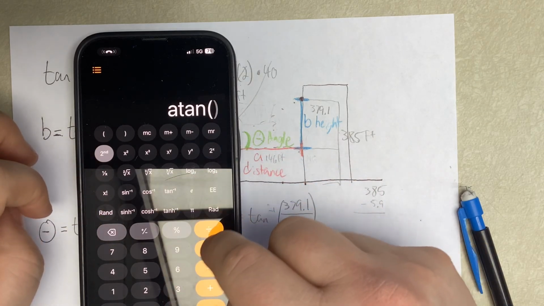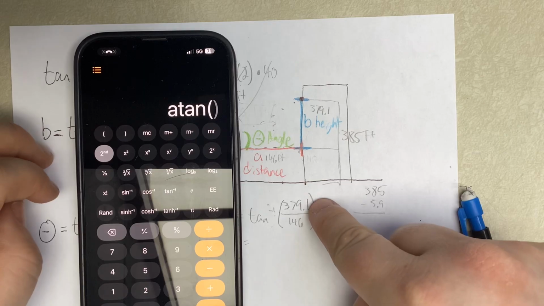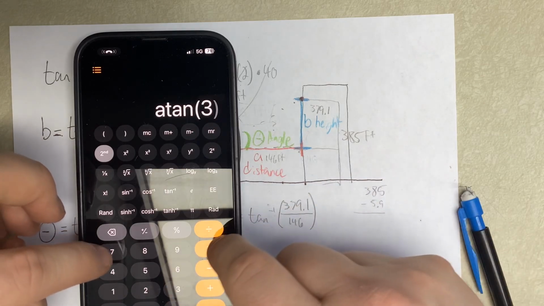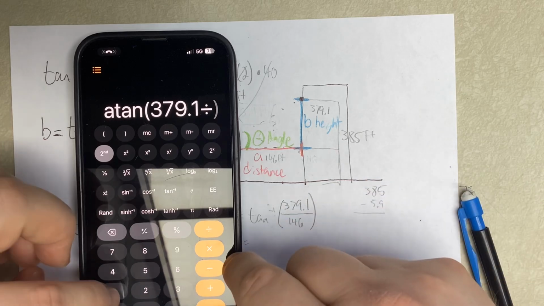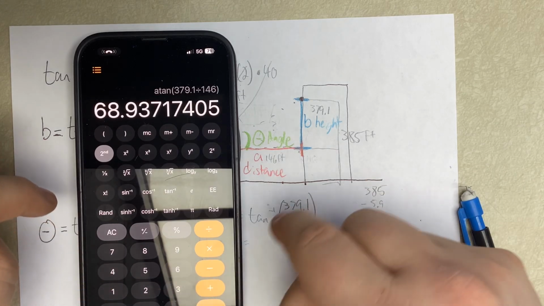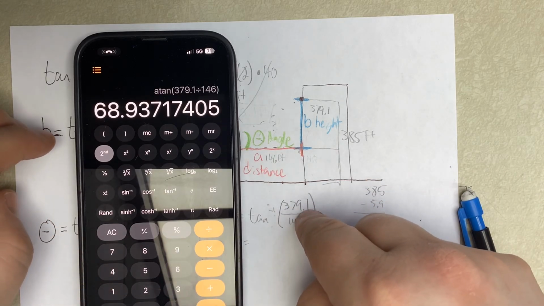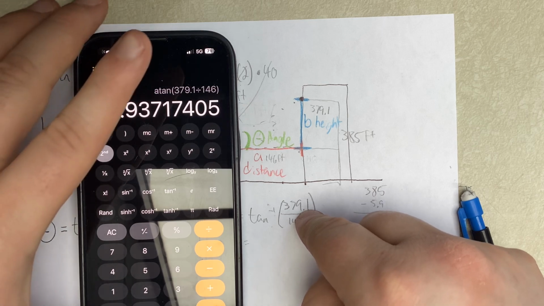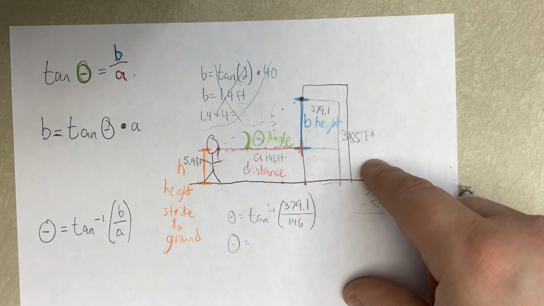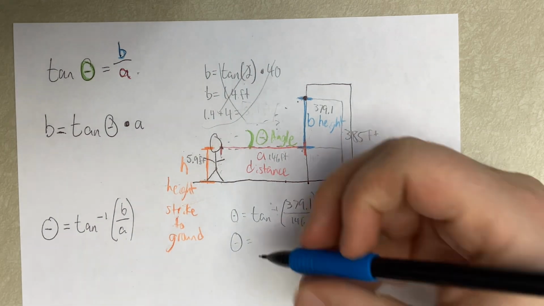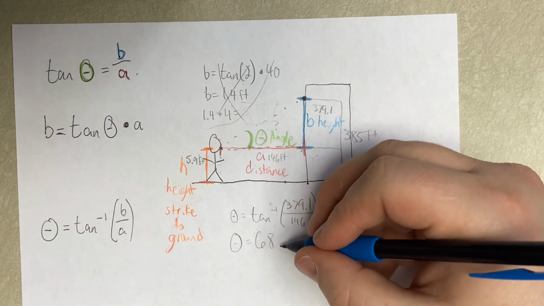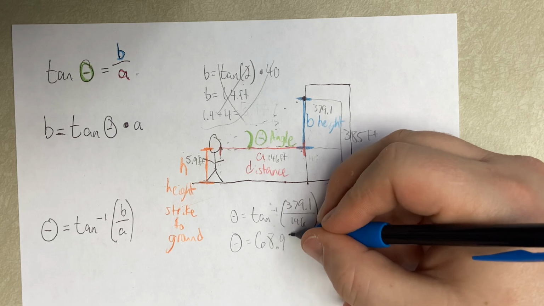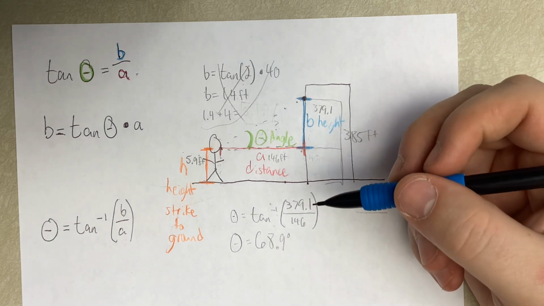Inverse of tangent of B over A. 379.1 divided by 146. It's going to give us an answer of 68.9 degrees. And that's going to be the answer that we're actually looking for. 68.9 degrees.